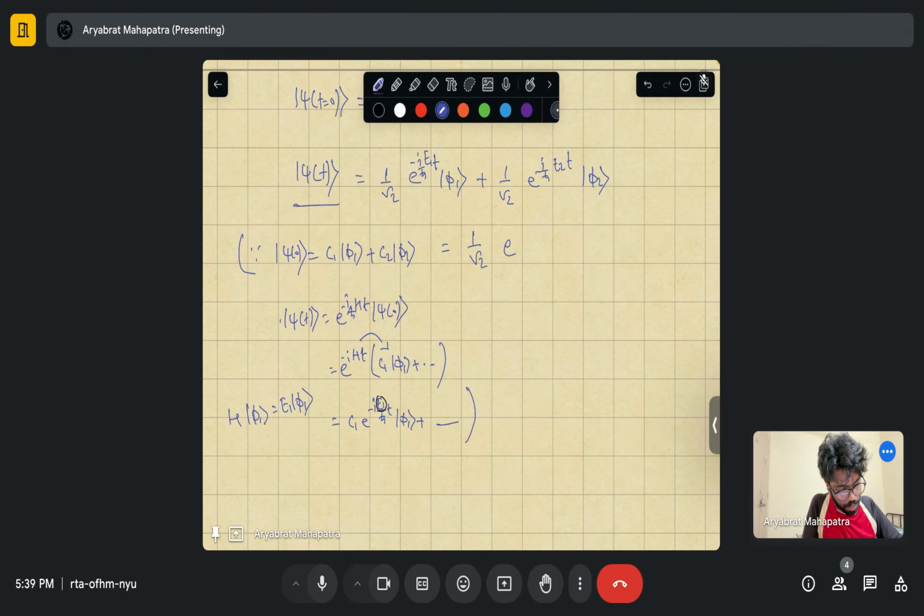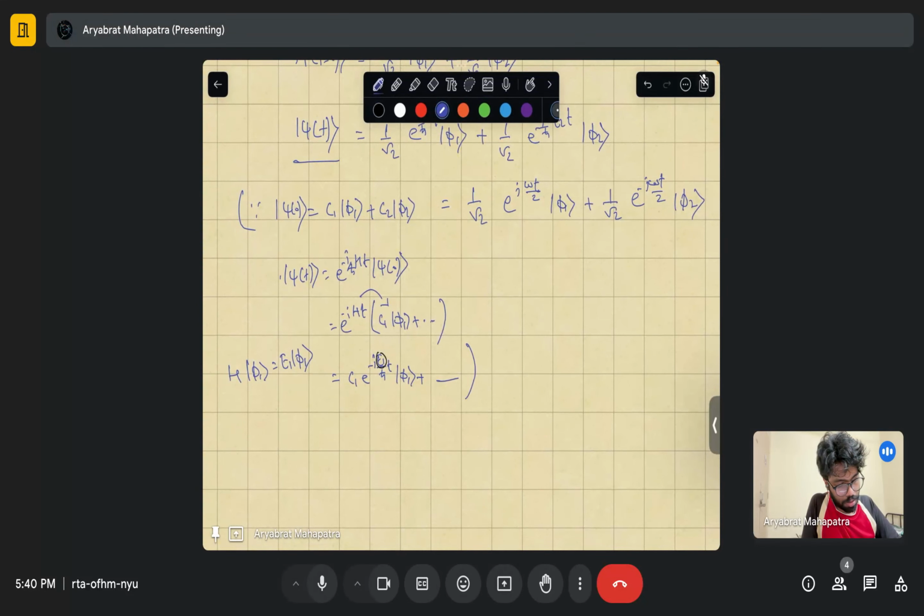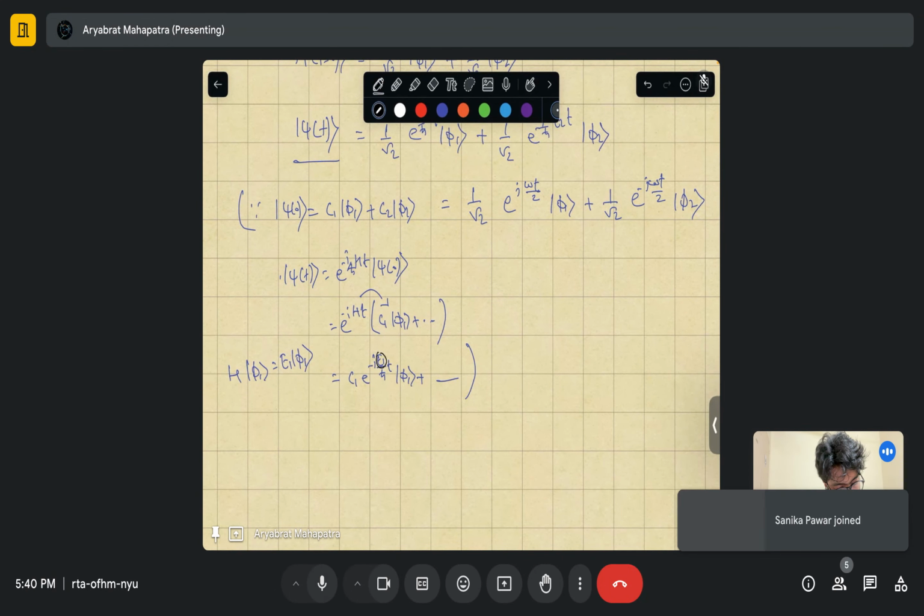So minus minus will become plus, that is e to the power I omega t by 2 phi 1 plus 1 by root 2 e to the power minus I omega t by 2 phi 2. So this becomes your final form of psi t.